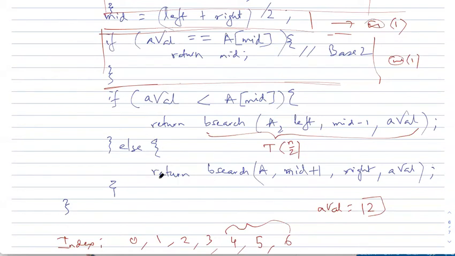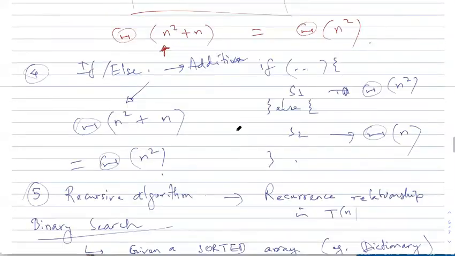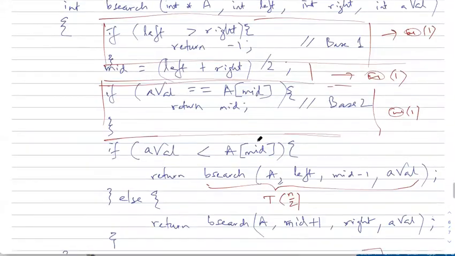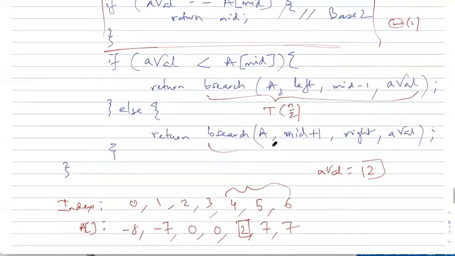And remember, if then else, because we are adding them up, we said that was rule number 4, okay? We are adding them up. So this becomes T of n by 2.